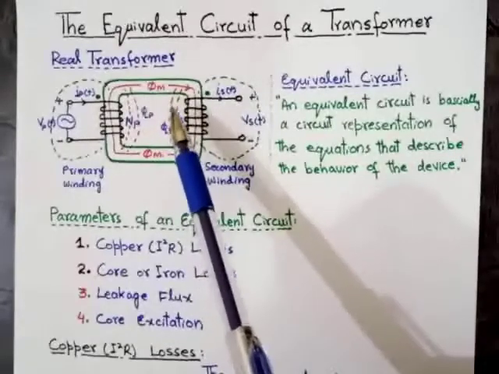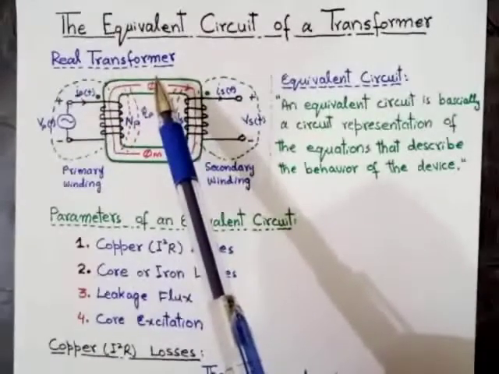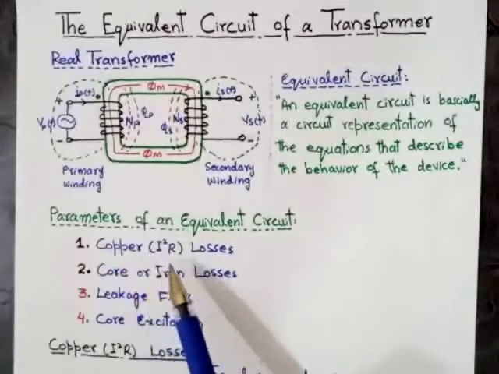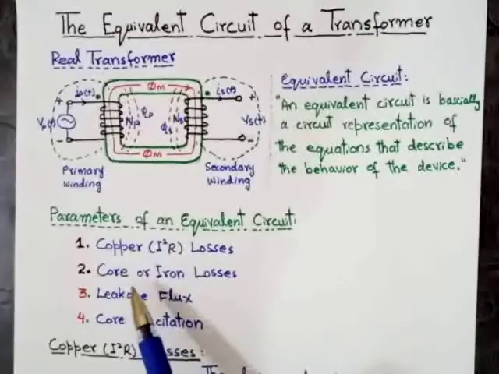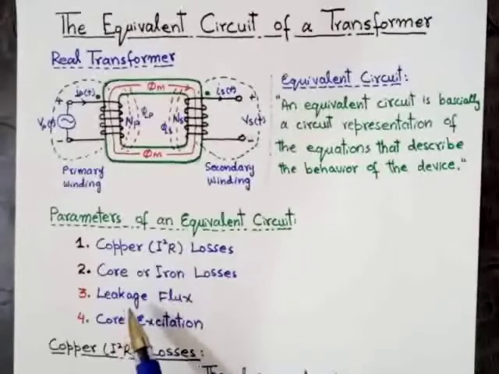So there are different types of losses in a real transformer. The first one is the copper or I2R losses. The second type is core or iron losses. The third type is leakage flux, and the fourth parameter is core excitation effect.